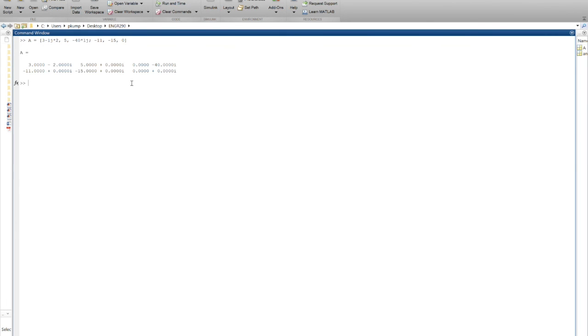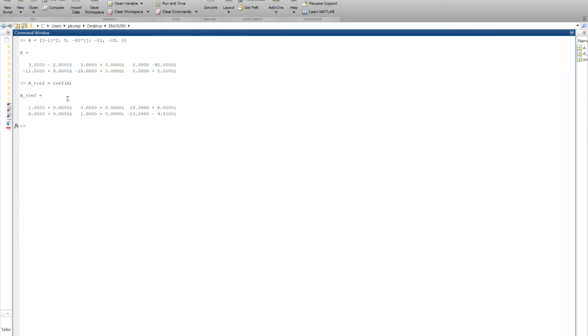Okay, there's our matrix. 3 minus J2, 5 minus J40, okay. Alright, that looks good. So now I'll say our new matrix, we'll call it A, RREF. We'll say RREF of A.